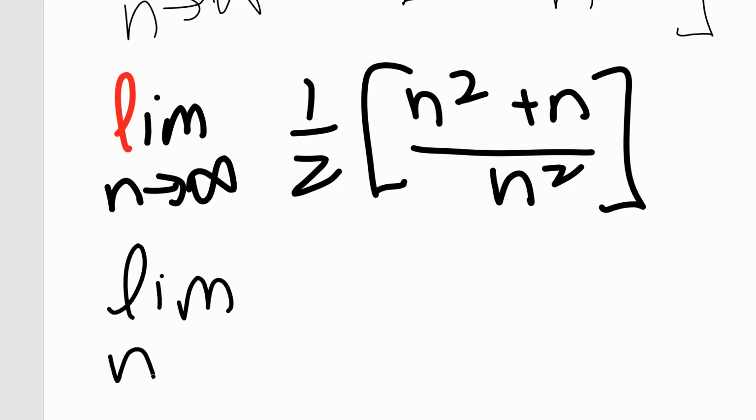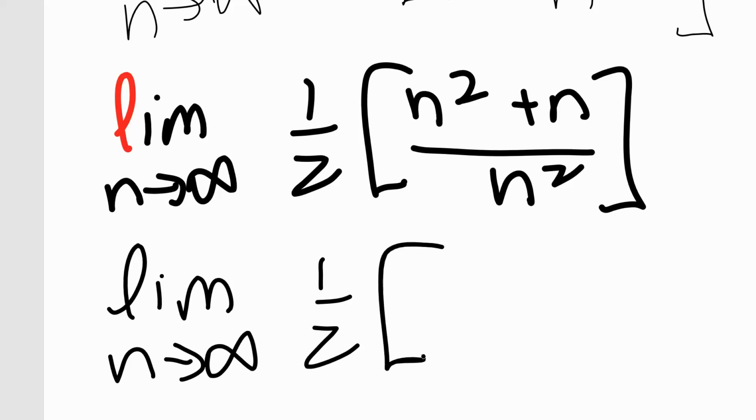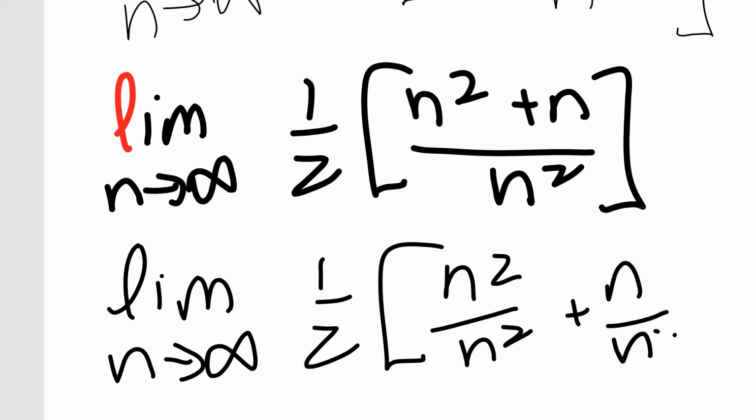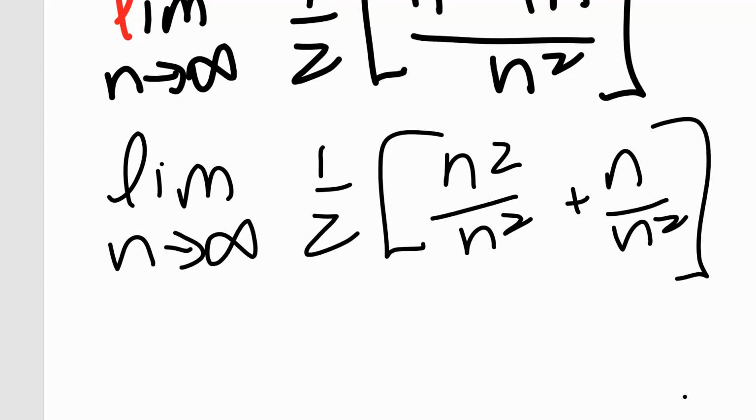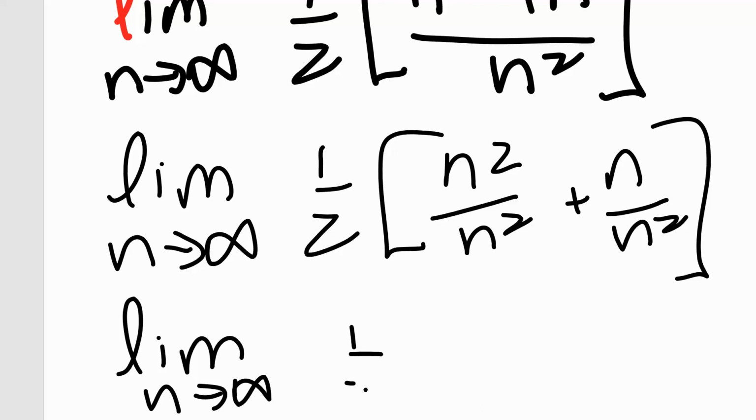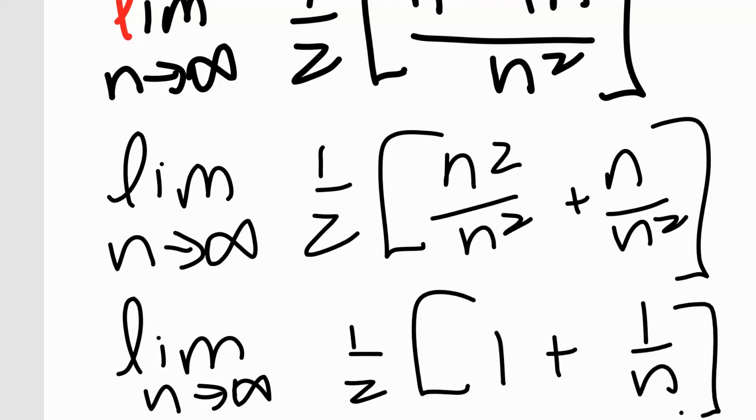So I'm going to get the limit as n goes to infinity of 1/2 times n squared over n squared plus n over n squared. And the reason that's nice is I now get the limit as n goes to infinity of 1/2 times 1 plus 1 over n. N squared over n squared is just 1.